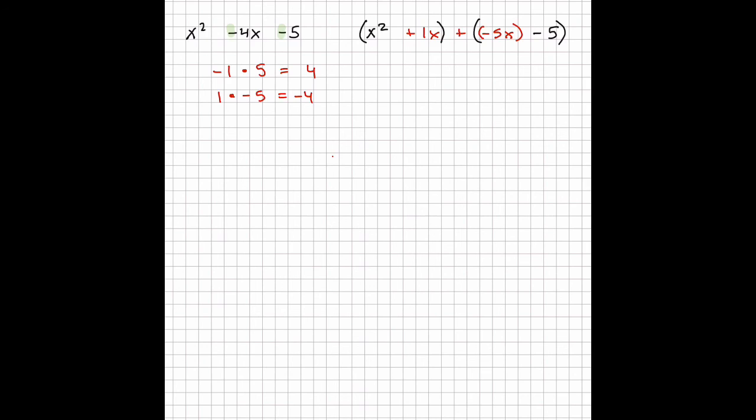In the first expression, or the first term, we have a common factor of x. So that would be x times the quantity x plus 1. In the second expression, we have a common factor of negative 5.